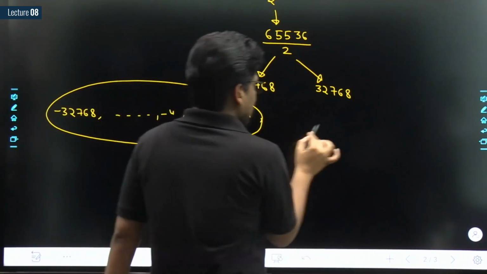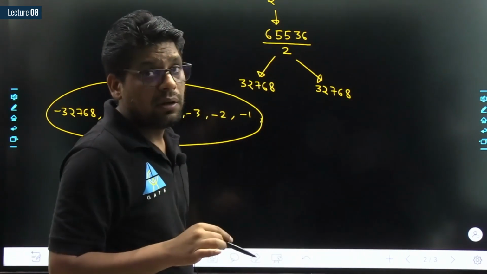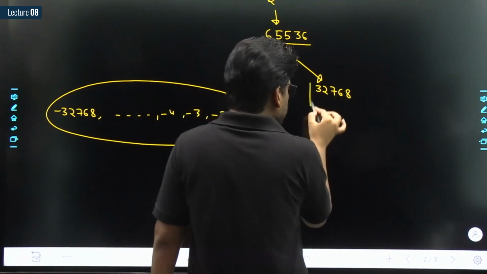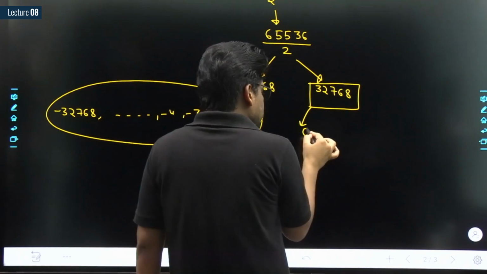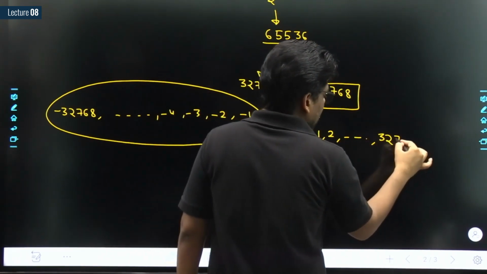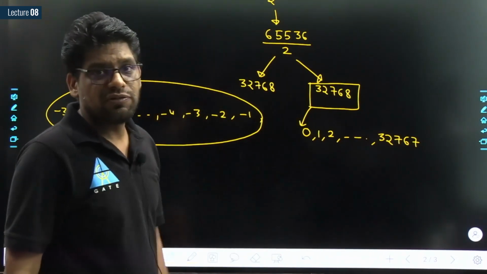What about positive? In total we have 32768 positive numbers, but we have to start from 0. If I have started counting from 0, then what is the last value? The last positive integer value is 32767.